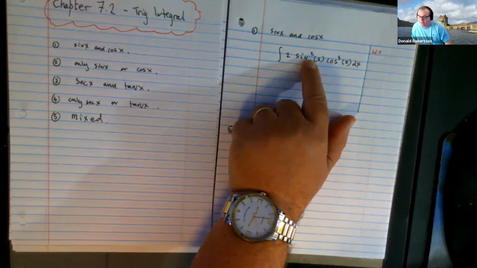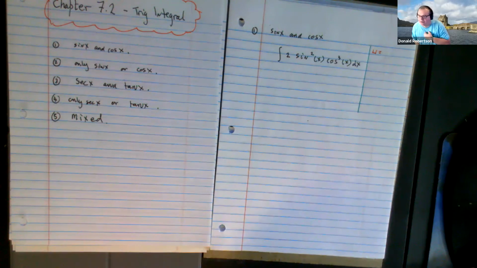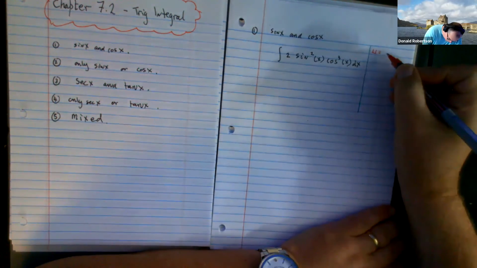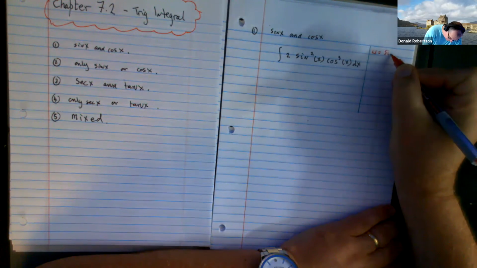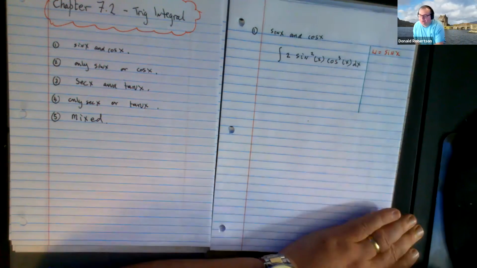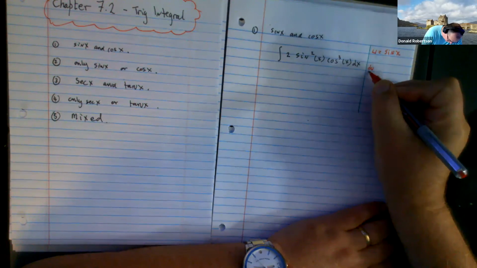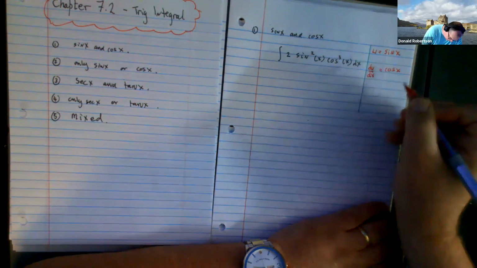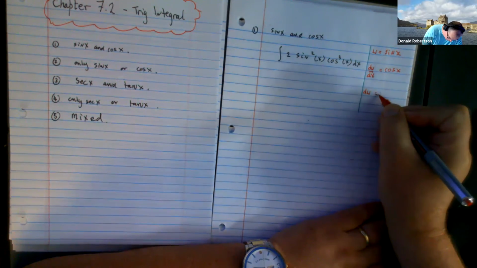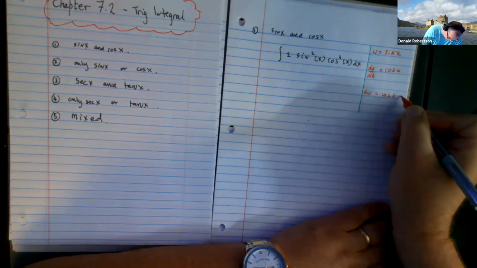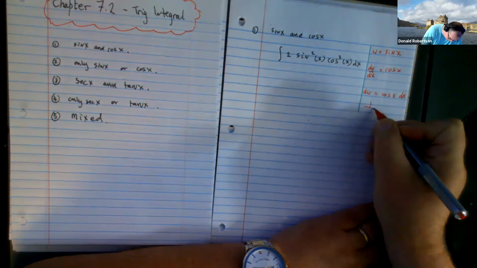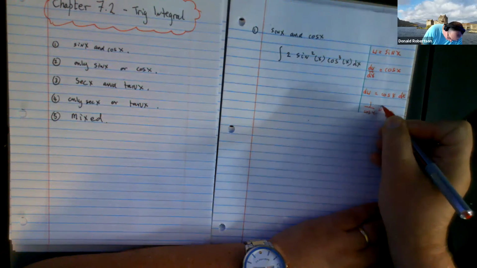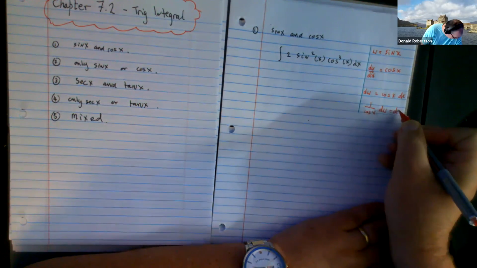Because that would turn into, well, I don't know what it would turn into, but whatever it turned into wouldn't be any good. So, since cosine can't work, we'll do sine. Now, if you differentiate with respect to x, you get a cosine. You do the crossover, you get du equals cosine x dx. If you divide everybody by cosine, you get dx.